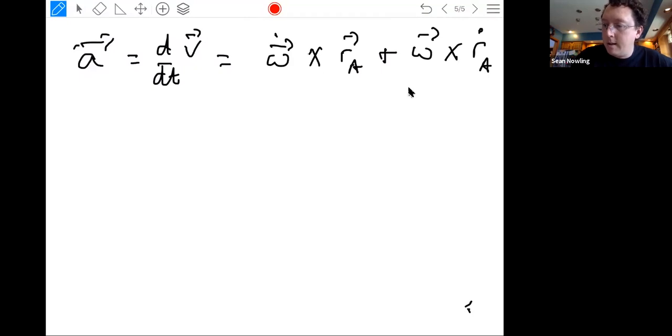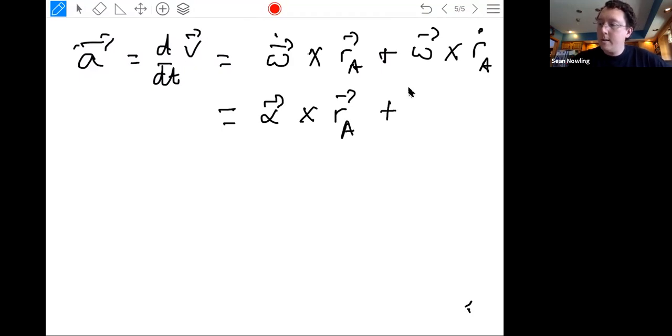That just gives me alpha vector cross RA, plus RA dot is just the velocity vector.